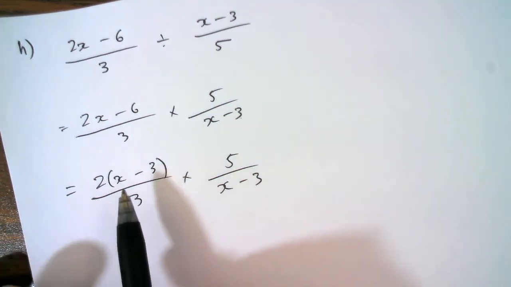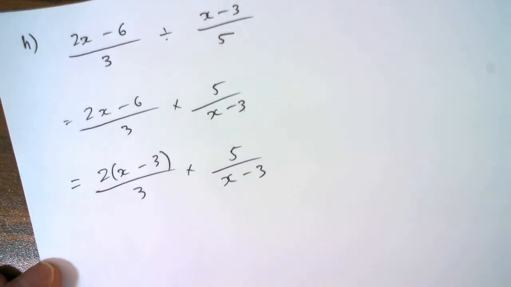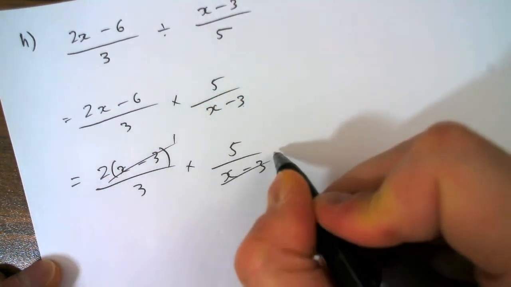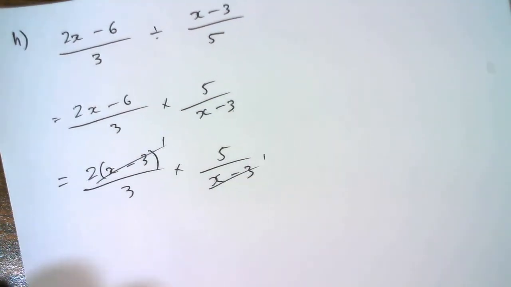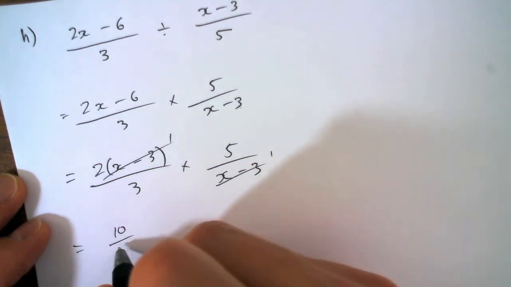Well, we have a factor of x minus 3 here and a factor of x minus 3 here. We can divide the numerator by x minus 3 and the denominator by x minus 3, simplifying to 10 over 3.